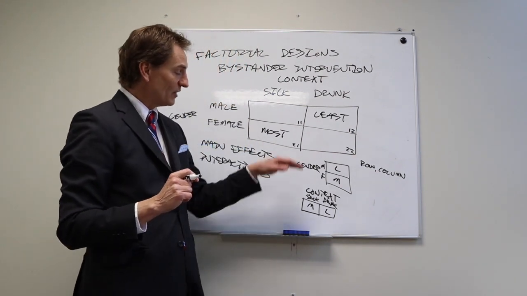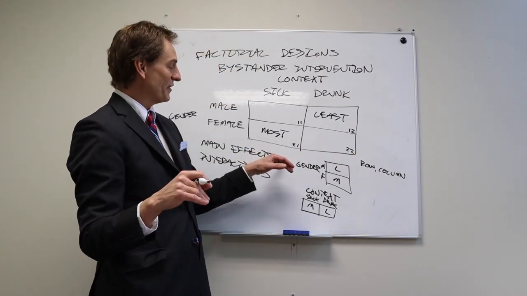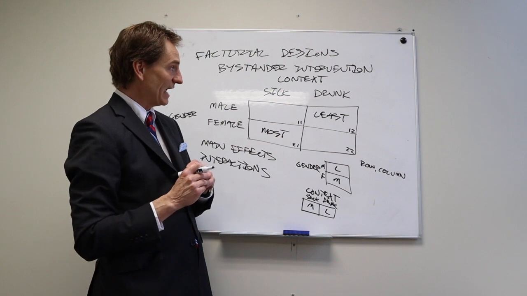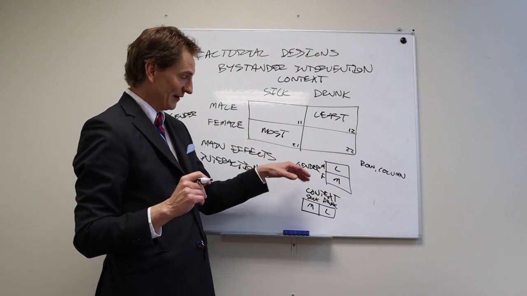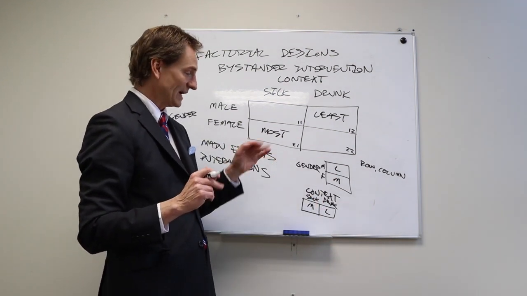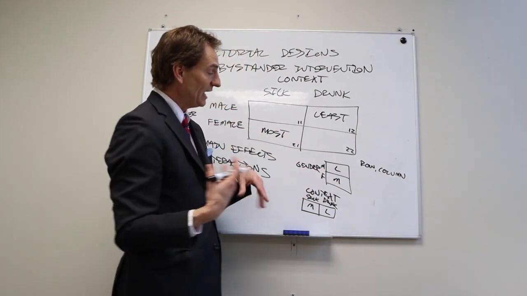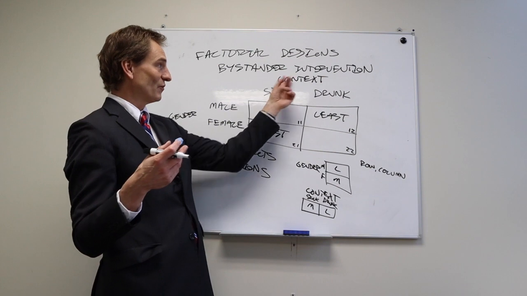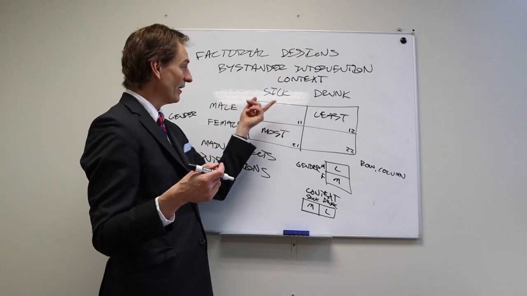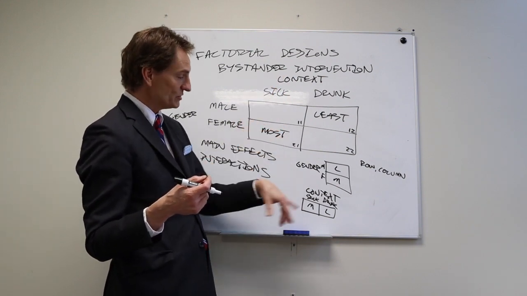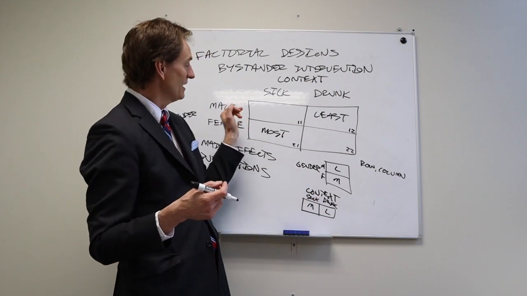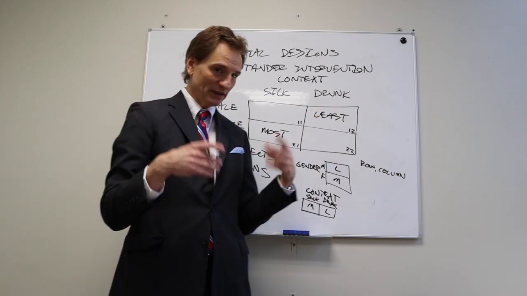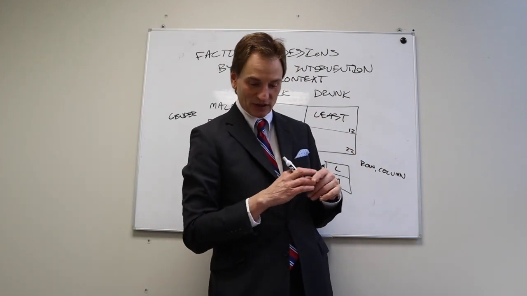And so we have as many, and I'll say it again, we have as many main effects as we have independent variables. So there's one for gender and one for context. You put these two together, and then you can see why we have this interaction for gender and context, where sick women are helped the most, which follows logically, and drunk men are helped the least, which also follows logically.